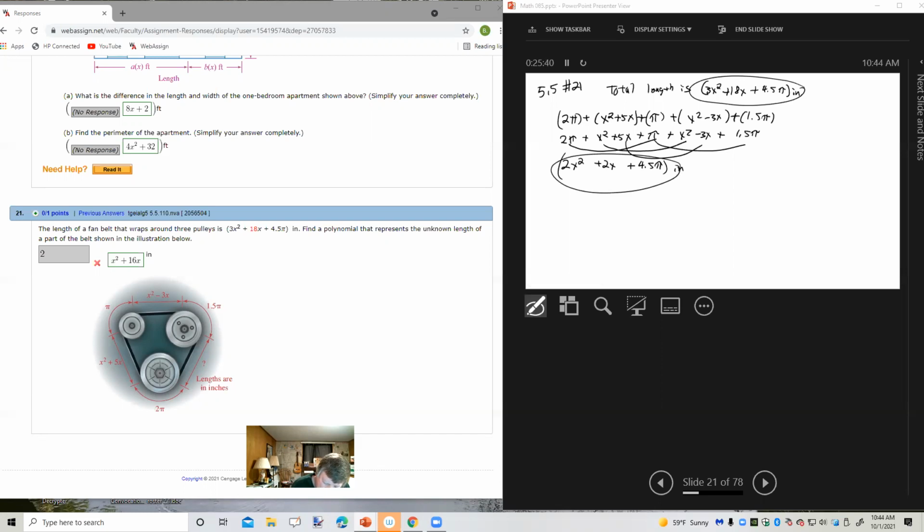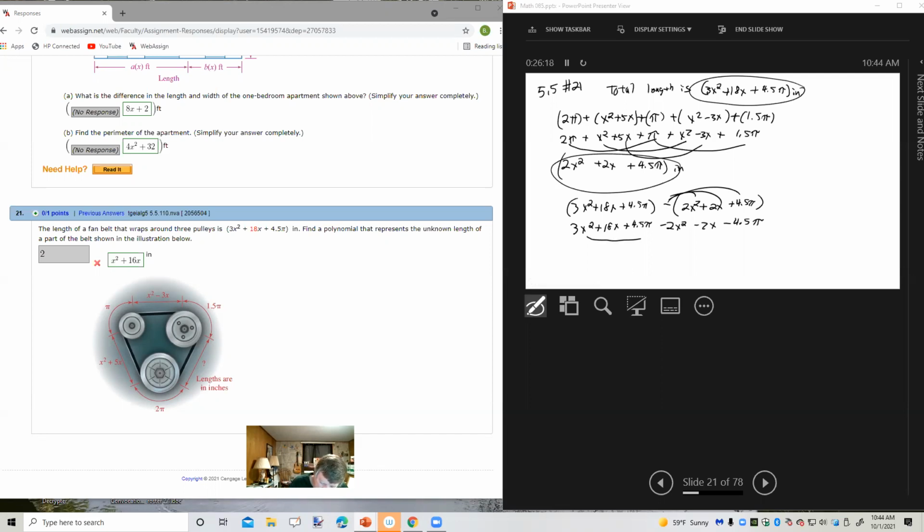So I'm going to take 3x squared plus 18x plus 4.5 pi minus the quantity 2x squared plus 2x plus 4.5 pi. So now I can drop the first set of parentheses, 3x squared plus 18x plus 4.5 pi, distribute the subtraction, minus 2x squared minus 2x minus 4.5 pi.